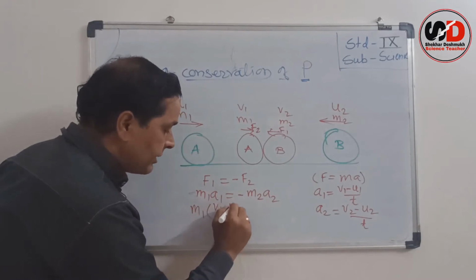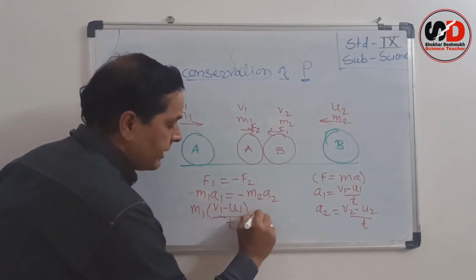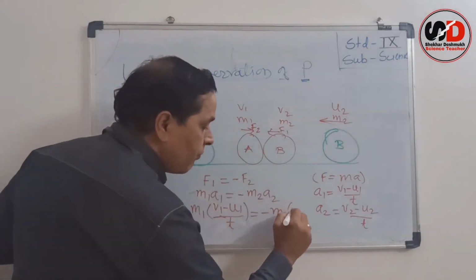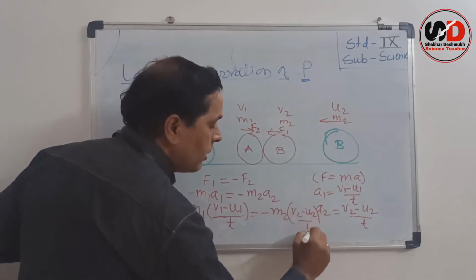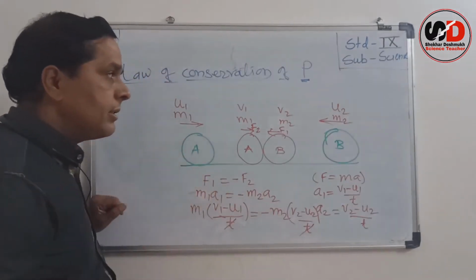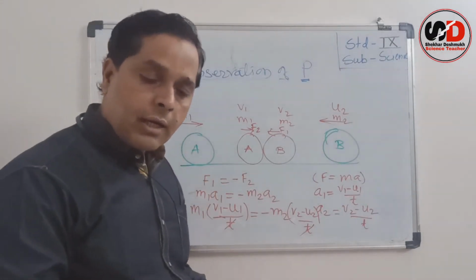So m1 into (v1 minus u1) upon t is equal to minus m2 into (v2 minus u2) upon t. So this t gets cancelled. Once t is cancelled, what do we get?